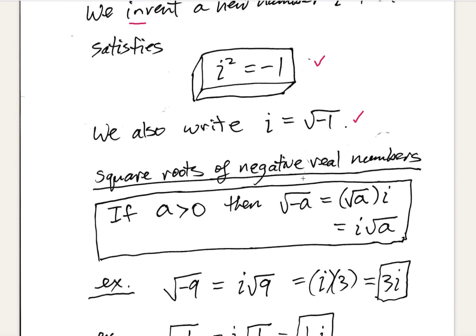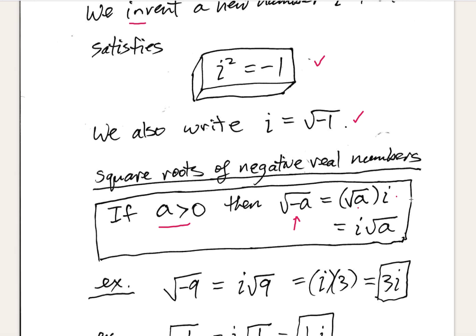Square roots of negative real numbers. We ran into this problem when we were talking about some quadratic equations in the previous video. Let's say a is a real number greater than 0. Then the square root of negative a is going to be defined to be the square root of a, which is a real value, times i.